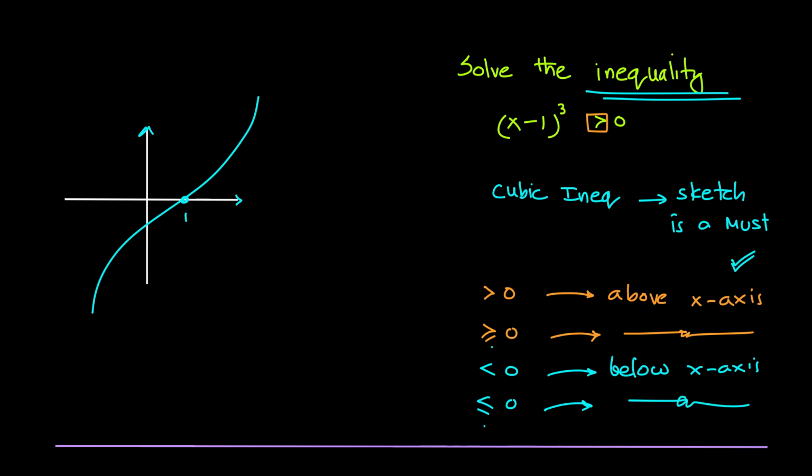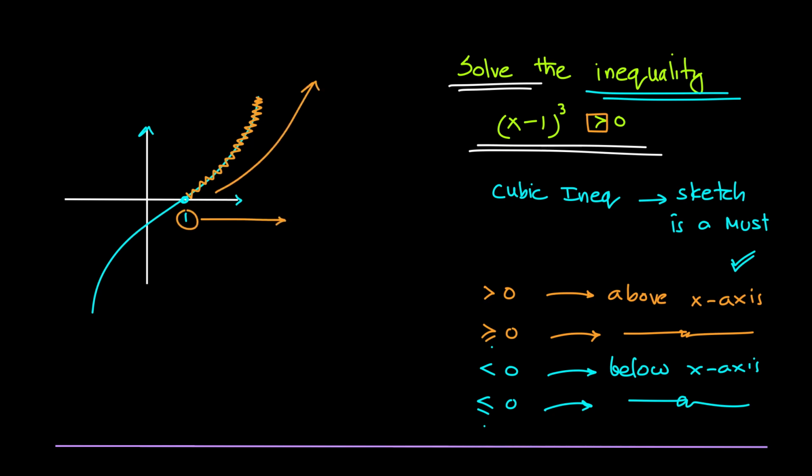Now when the question says find the range of values of x or solve the inequality such and such, we are focusing on this part of the graph, which is the orange part, which is above the x-axis. That means if I go to the right of 1, I would be climbing up the curve.